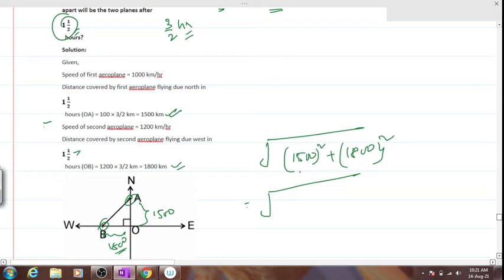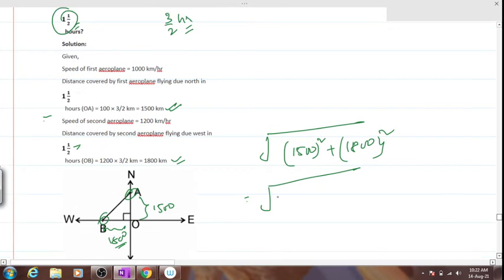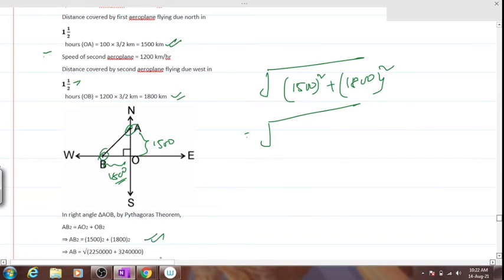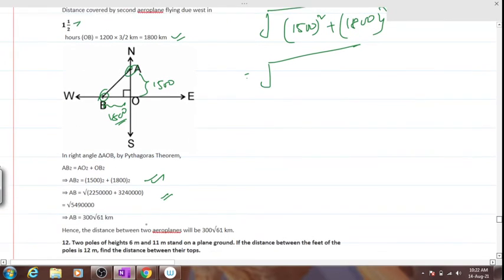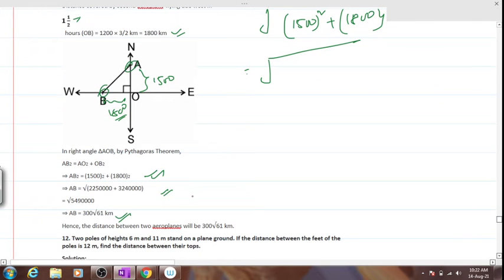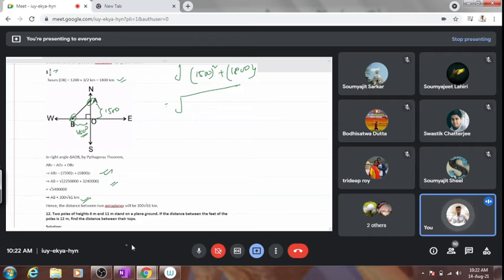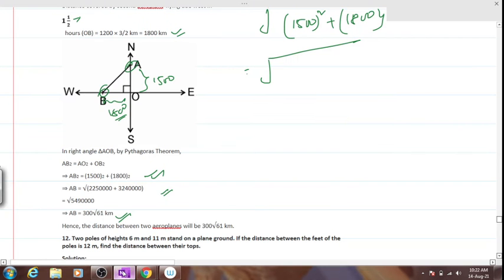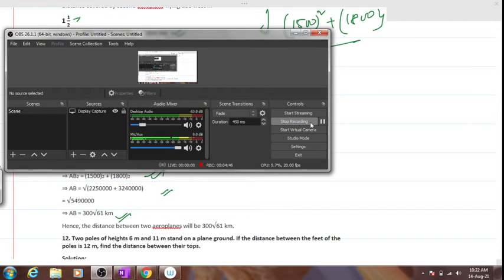You can take 100 common out and then you can proceed with it. When you add up this thing, you will be getting 300 root 61. I don't think this is a very difficult numerical for you all. How many have got this answer apart from Ankit?